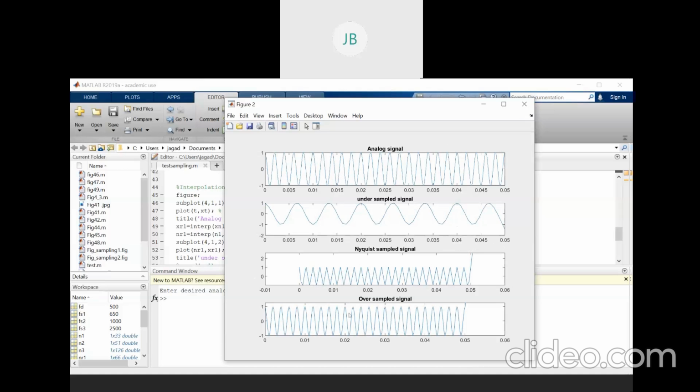The third case is the oversampled signal. This reconstruction is very similar to the analog input signal, right? These are the two investigations we did in the code.